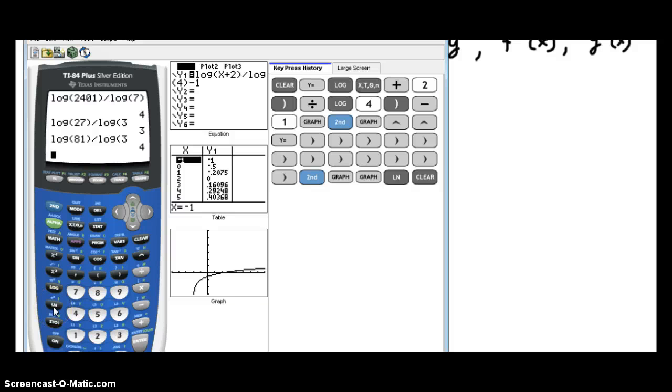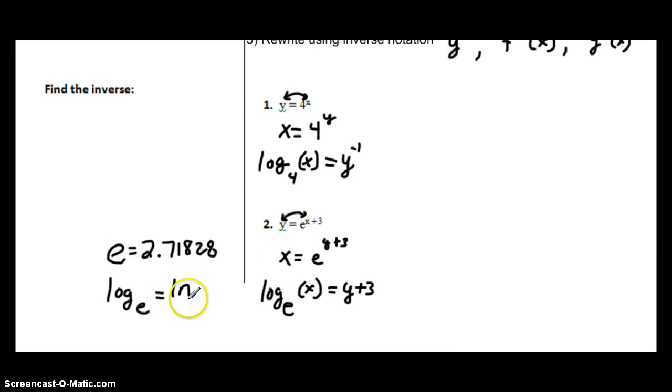Also, while we're here, remember the E button is in two places. The first one is if you hit second and divide there's an E, and the other place is second above the ln, so second and ln. And when you hit this version, it pops up with the exponent. So you can just type in your exponent. Okay, so knowing this, we're going to change that to the ln, because in a little bit we're going to be graphing these. So log e is equal to ln, the natural logarithm, so that gets substituted.